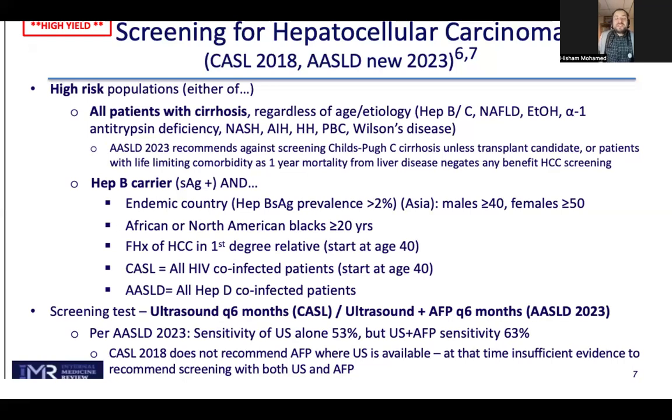What's the method of screening? Ultrasound every 6 months, and some guidelines like the American ones screen using AFP, alpha-fetoprotein, plus ultrasound.